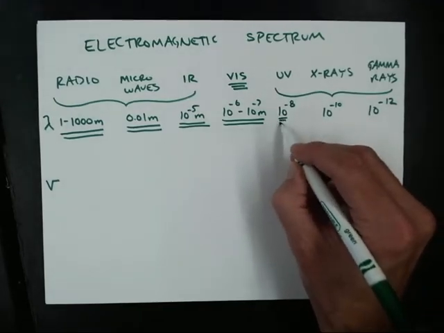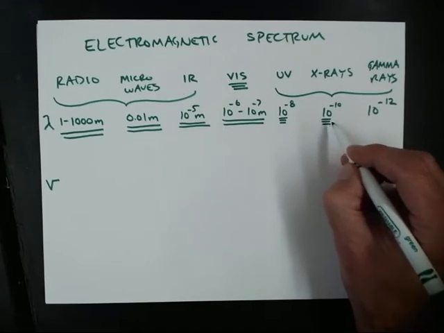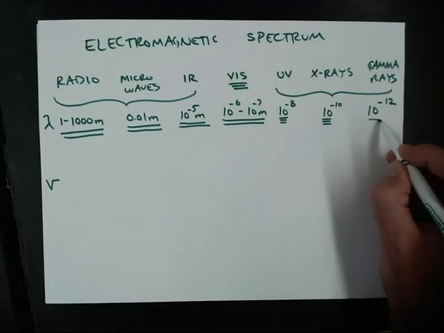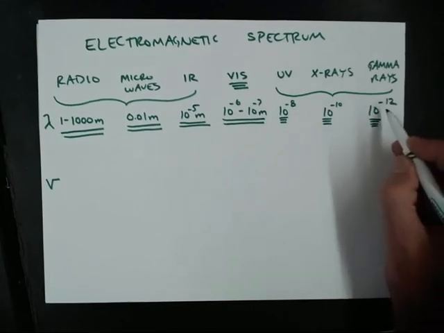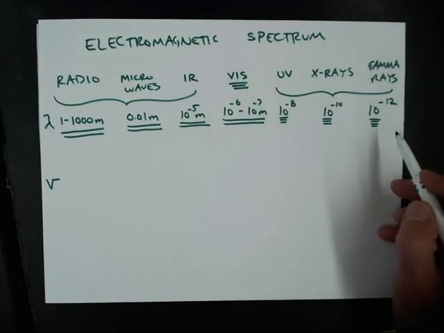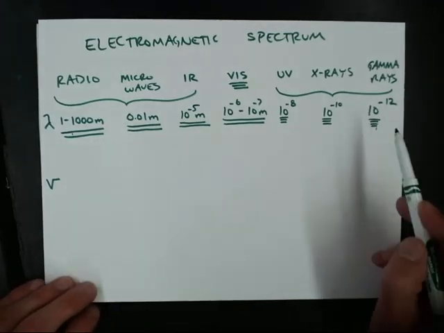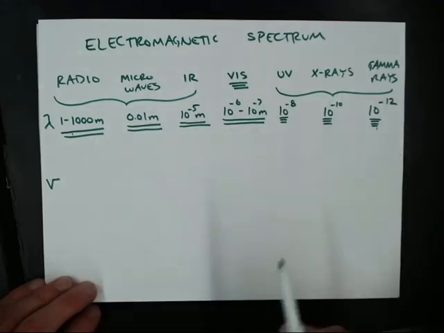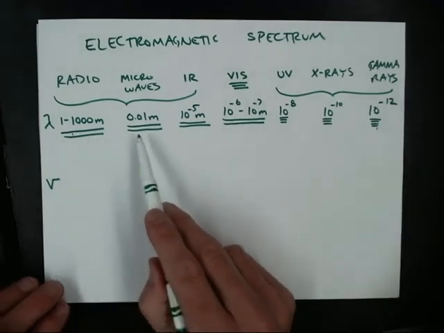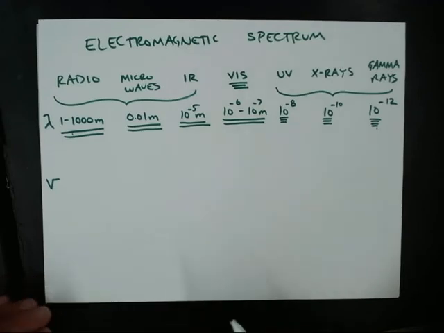We get around here, we're looking on the order of molecules. The wavelength of X-rays are about the size of atoms, and the wavelength of gamma rays are about the size of the nucleus in an atom. So we're going all the way from people to the nucleus. Huge changes, huge factor of 10 difference as you move across the electromagnetic spectrum.